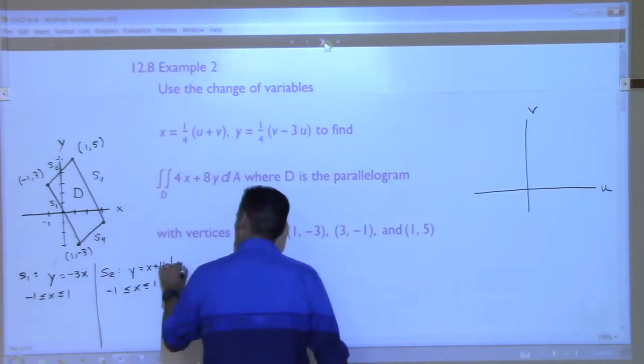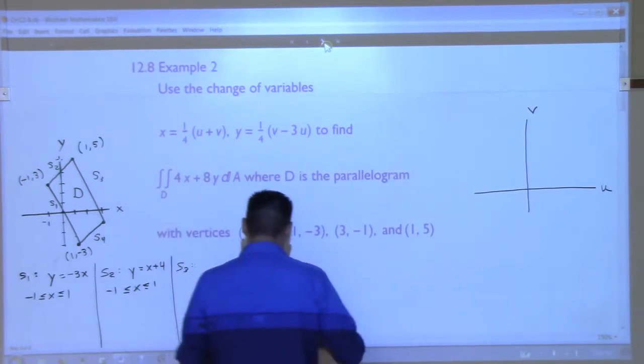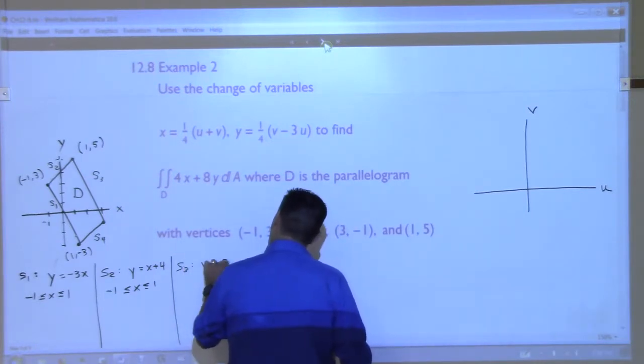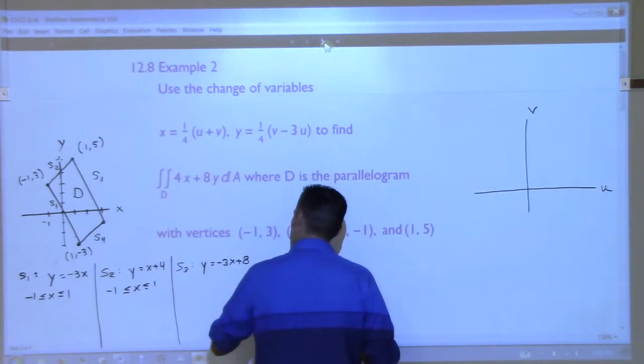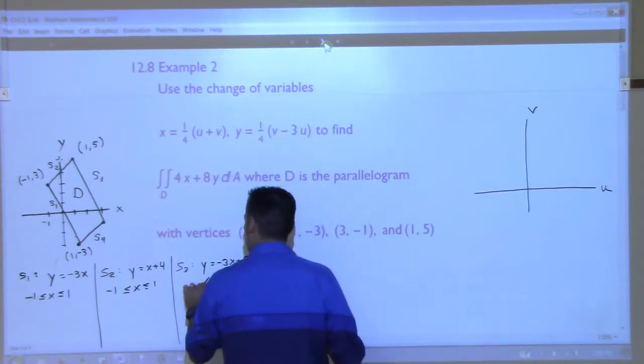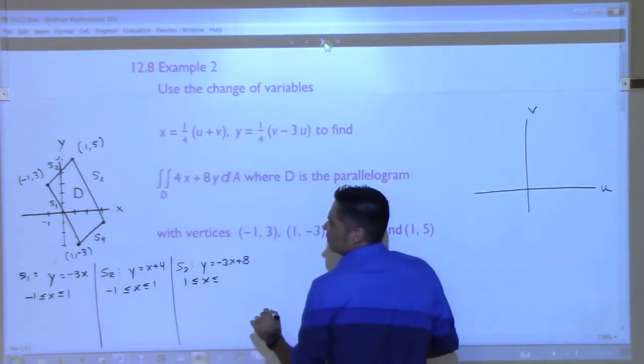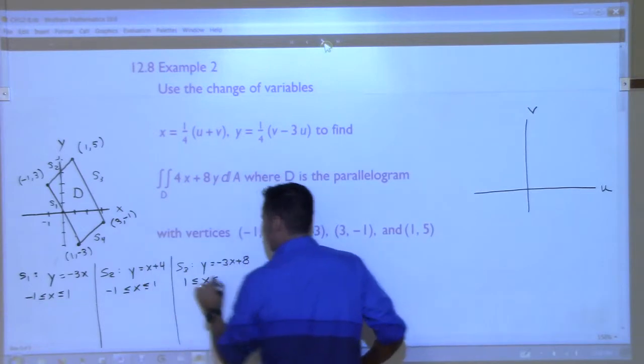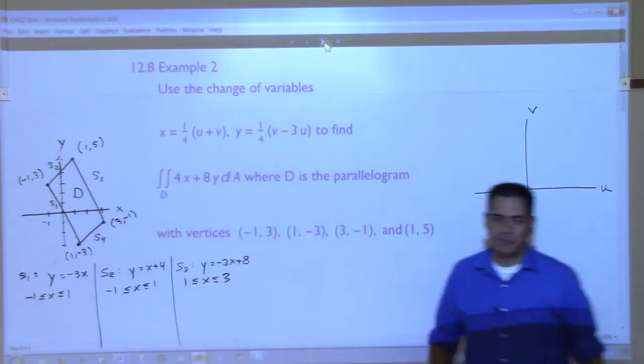And then you have to get S3, which again, I've done the work on that. That should be y equals negative 3x plus 8. And that's going to be between x's, what, 1 to what? This is 3, negative 1, right? So between 1 and 3.